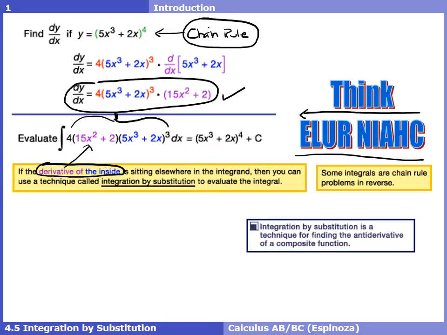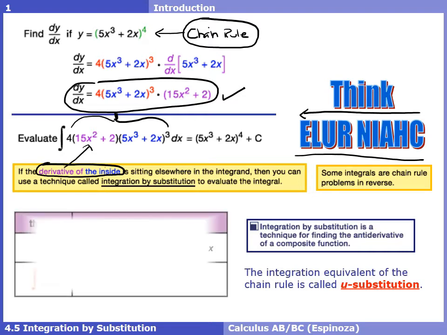So integration by substitution is just a technique for finding an antiderivative of a composite function when you have stuff to a power. This integration equivalent of the chain rule is what we call a u-substitution. And that makes sense because we used the letter u back in our derivative days.